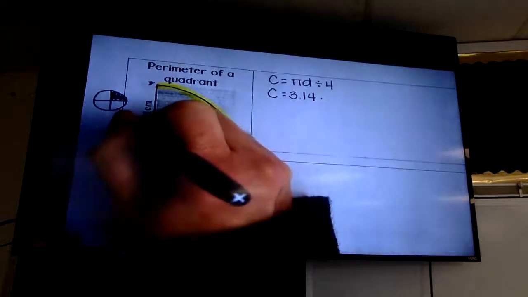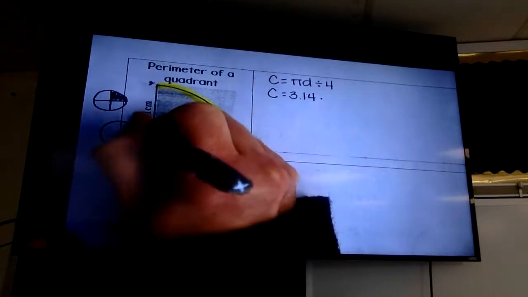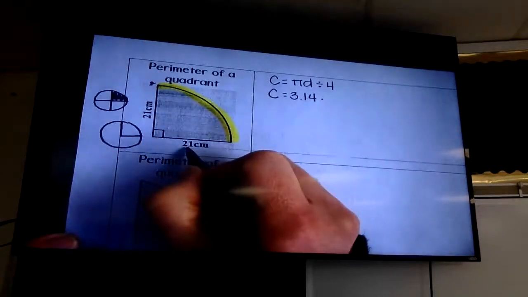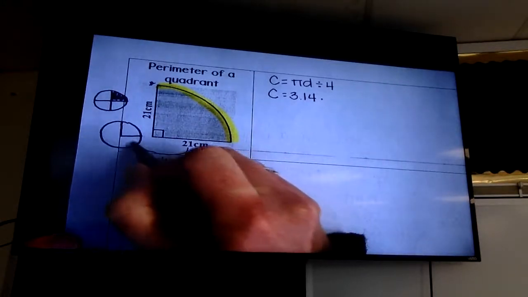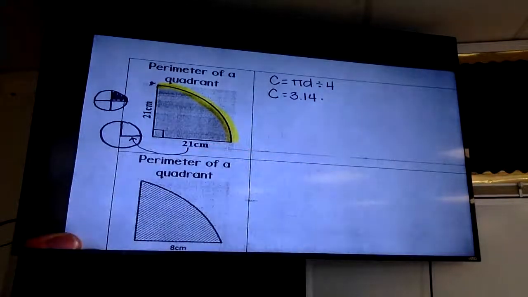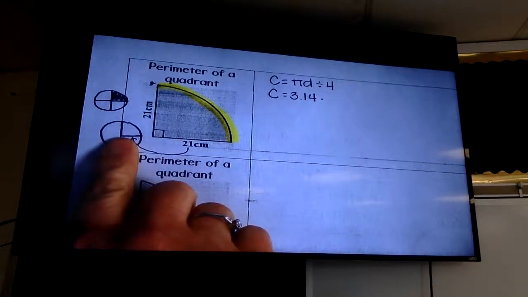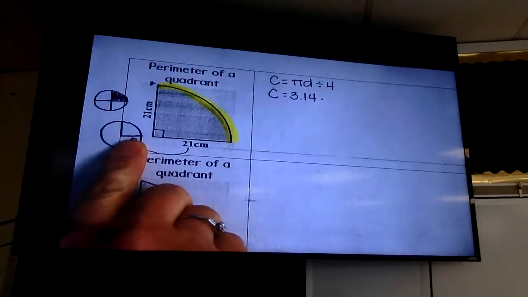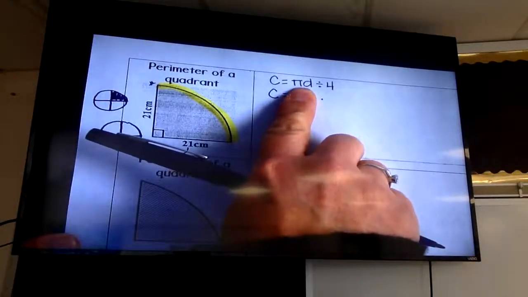All right, so I'm going to draw a circle on here again. So here's my circle. Here's my quadrant. This 21 is referring to that right there. Okay? Is this the diameter of the circle? No, that would be the radius of my circle, and I need the diameter.